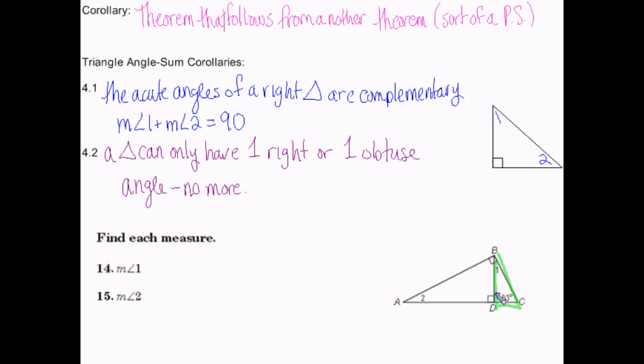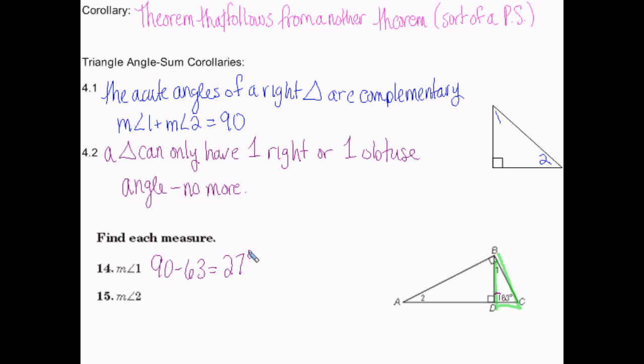So I don't have to subtract from 180. I can just subtract from 90 and do 90 minus 63 and get 27. Make sense? So it's another shortcut. I don't have to do 180 minus 90 minus 63. I can just take the 90 away altogether to begin with.